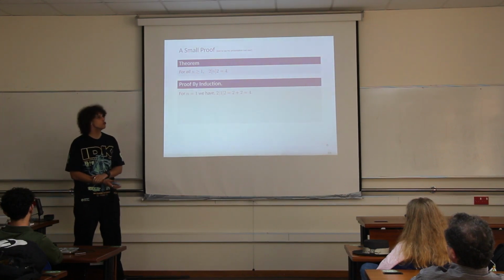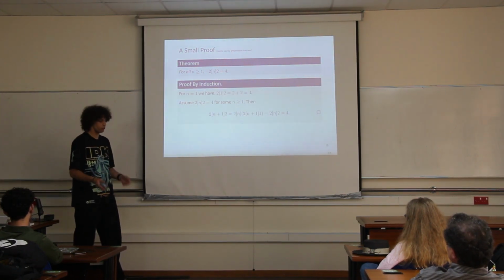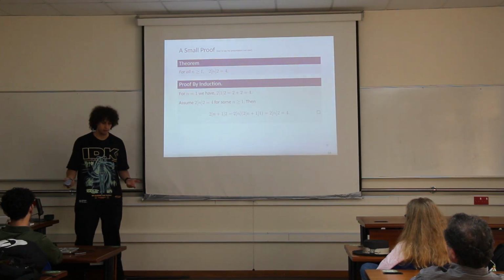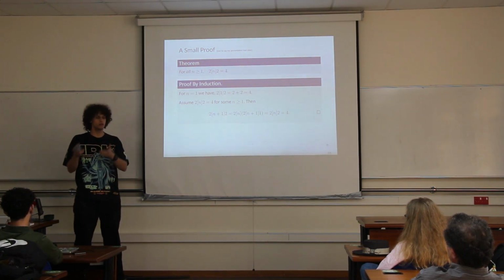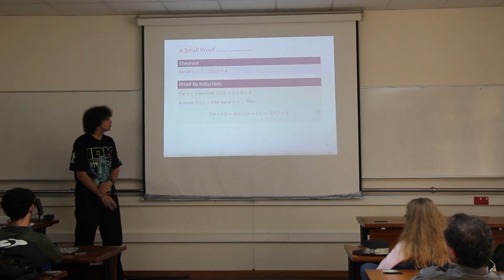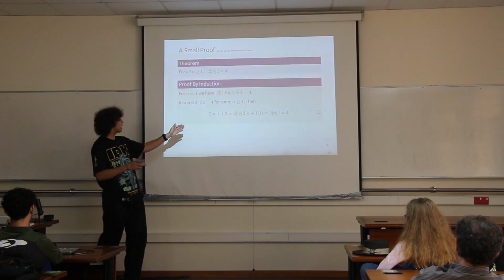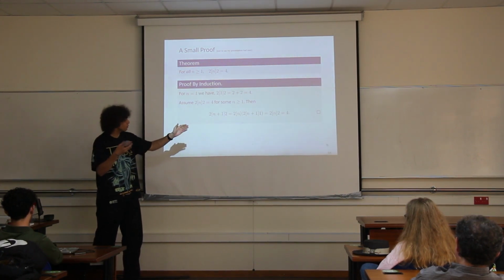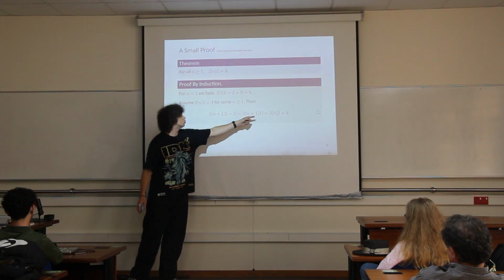If we then assume that 2 hyper n of 2 is equal to 4 for some n greater than or equal to 1, then we can consider 2 hyper n+1 of 2. That's just equal to, using our recursion relation, 2 hyper n applied to 2 hyper n+1 of 1, which simplifies to 2.